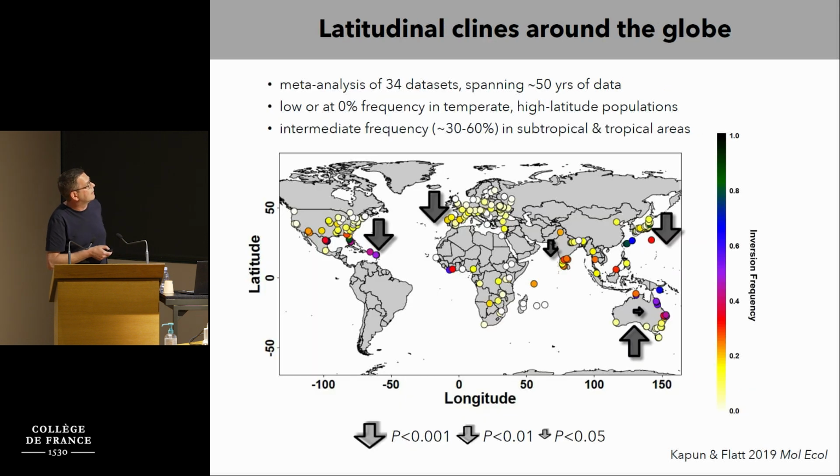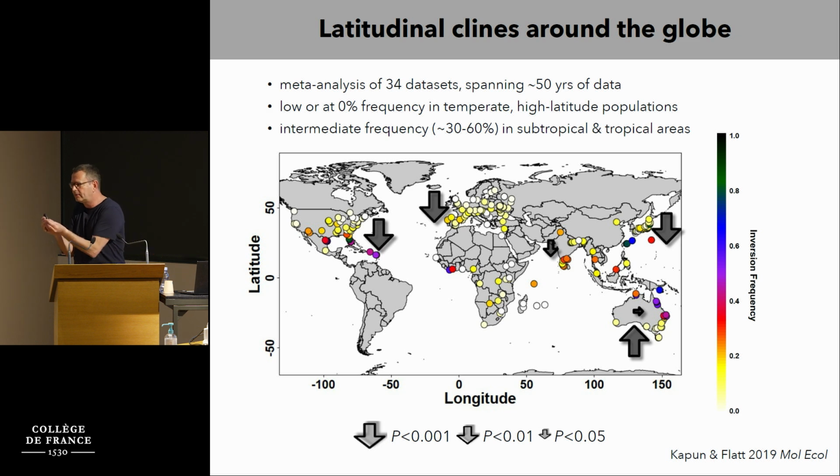So here are the latitudinal clines around the globe. This is based on a meta-analysis of 34 data sets spanning over 50 years of data, including genomic data. We see this inversion to be at low frequency or at 0% frequency in temperate high latitude populations. So the base of the arrows here for North America and for Europe and so forth, or for Japan and the Indian subcontinent.